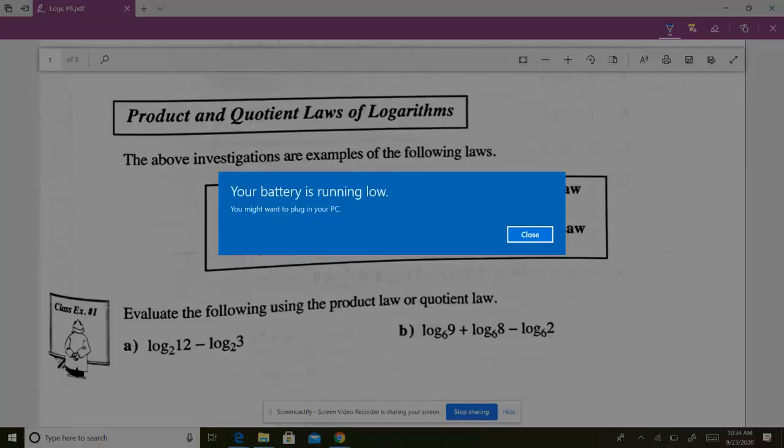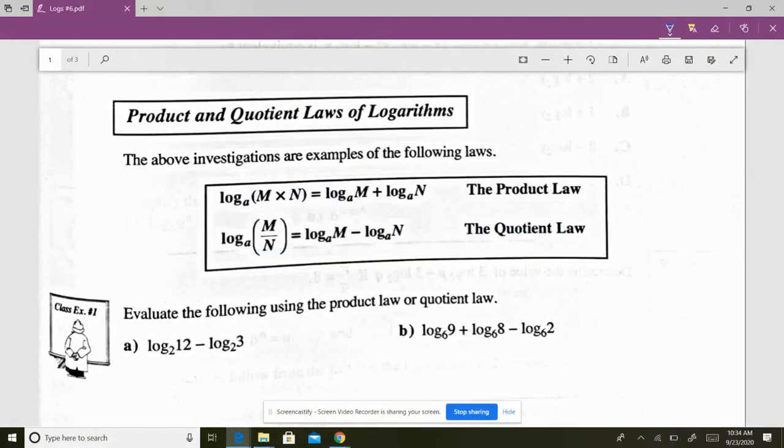So if you are logging two numbers, m times n, they're being multiplied together, that is the same as adding the logs of each number separately.